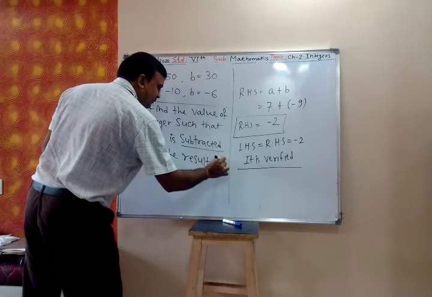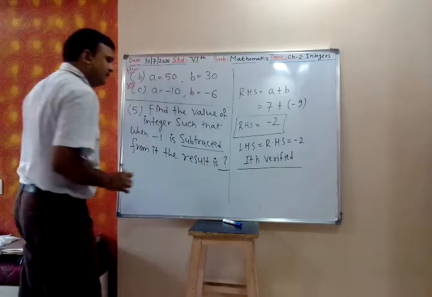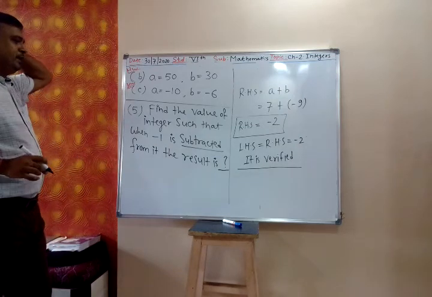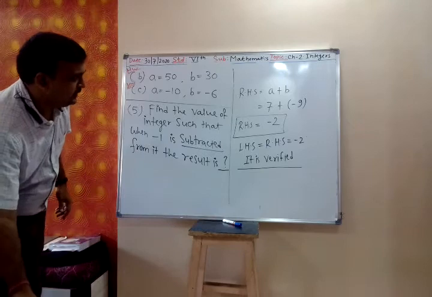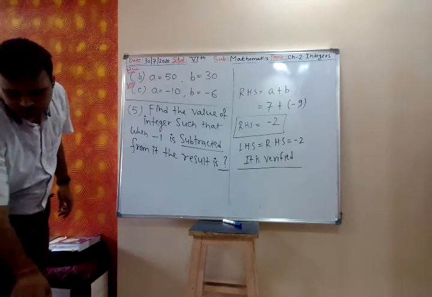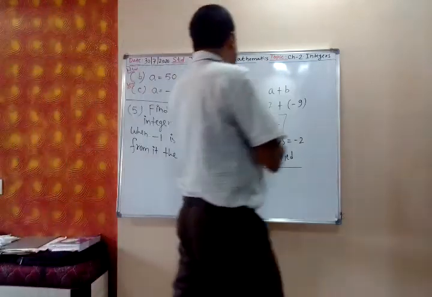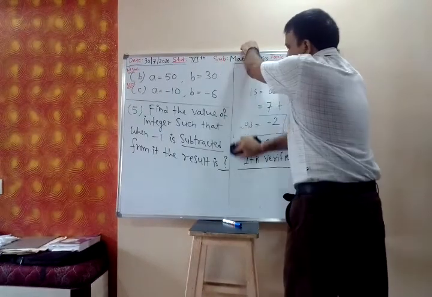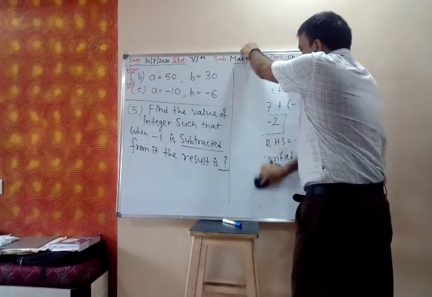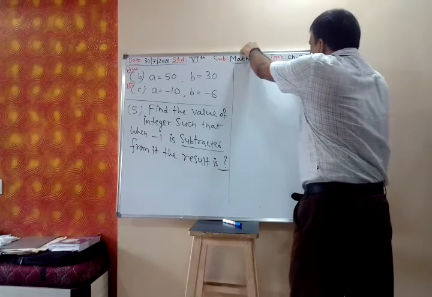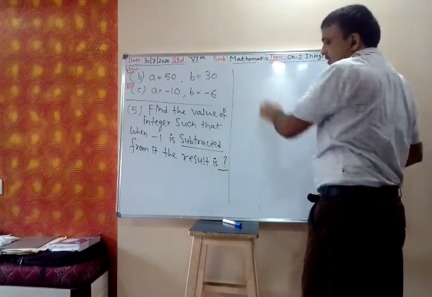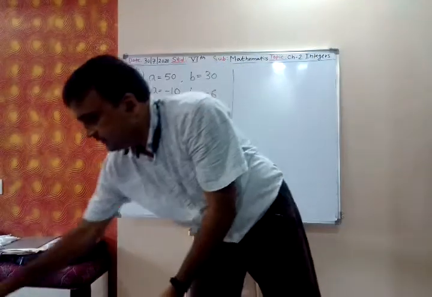That result you have to find. So minus 1 you have to subtract from each, and find the number. You have to subtract minus 1 from each and get the resulting integer.